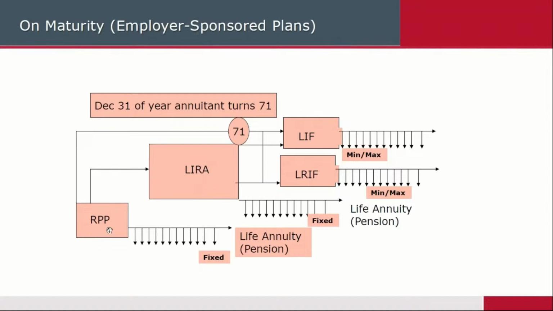But you can certainly start from your RPP if you are over 55. You can go all the way to a LIF right away, or you can go into a life annuity right away, but you've got to be 55 and over. So basically, what we're saying is from 55 and over, you can have a lifetime income. Up to that point, it has to stay on deposit until you reach age 55 or beyond.